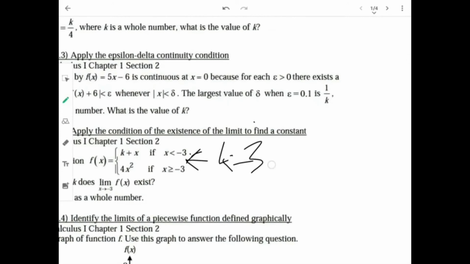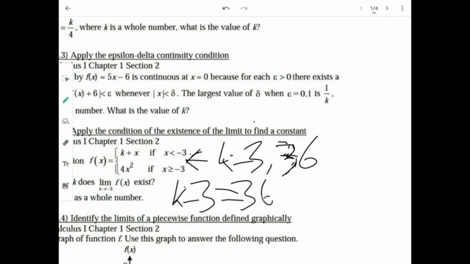But -3 from the right, it is 4x², so 4 times (-3)², so 4 times 9, which is 36. So basically what I did is I equated the left with the right. So k - 3 equals 36, k equals 39. That's the answer.